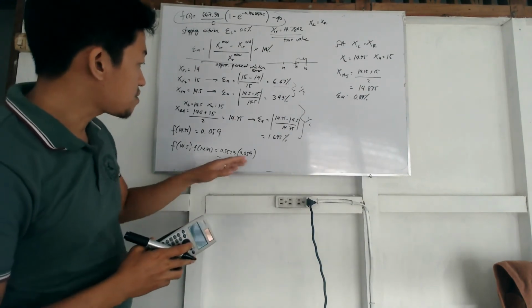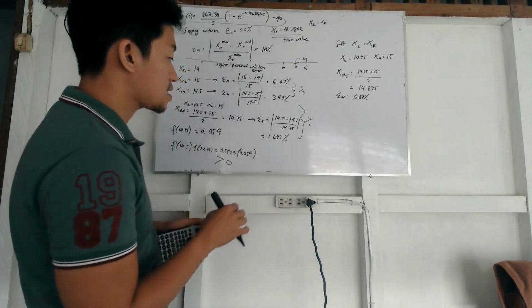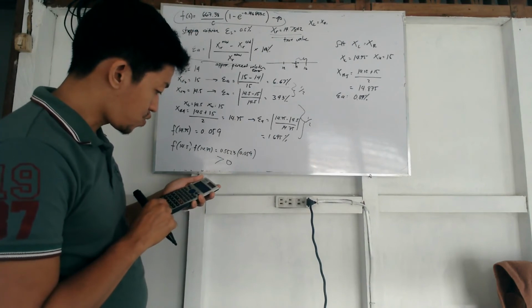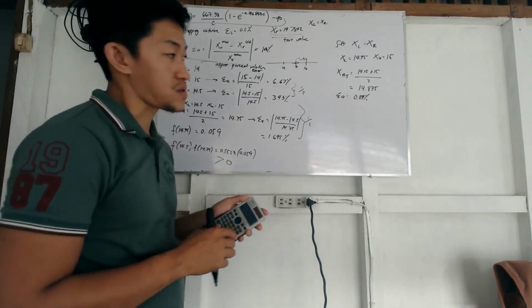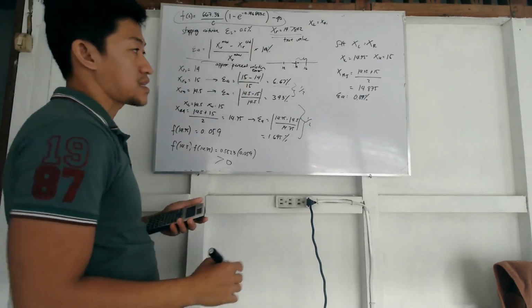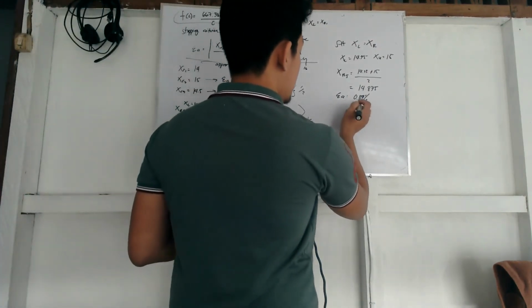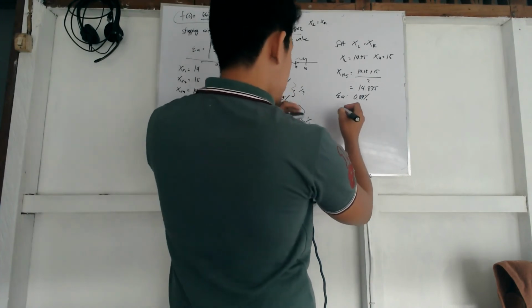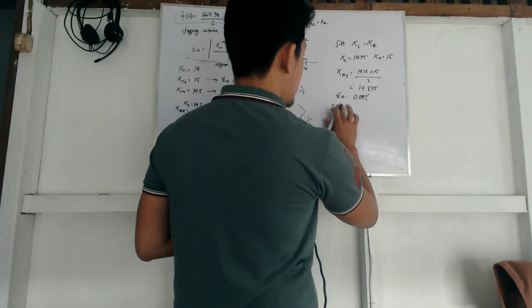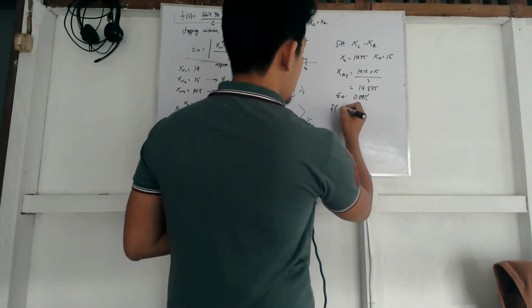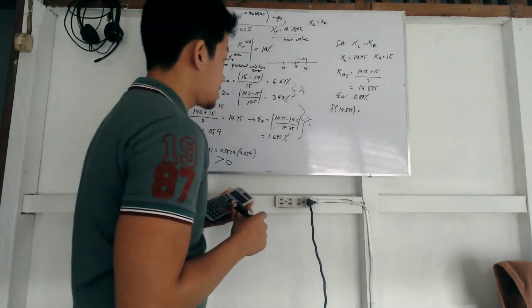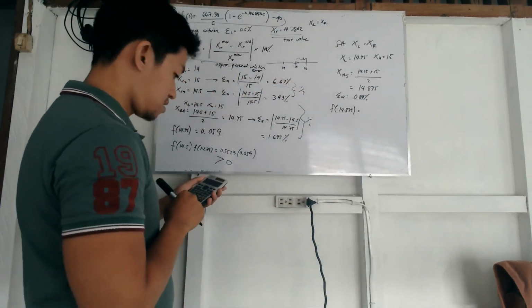So makita ninyo from 1.695 divide to 0.84. So katunga. So kung ikatungaw na to, makuha na ang final value. So check na, kuha na nimo ang f of 14.875.